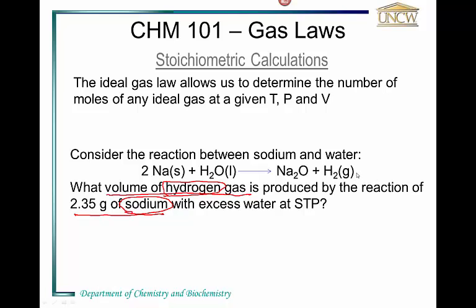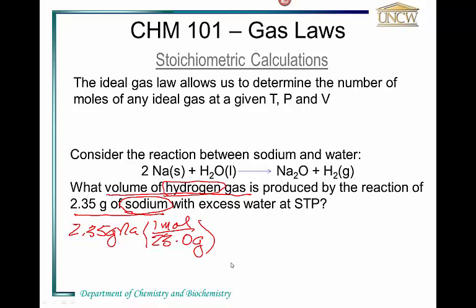That's the key idea. Okay, so what we'll do is proceed as we always have, starting with what we know, 2.35 grams of sodium. Now we're going to need to convert that to moles if we're going to use the balanced equation to relate the moles of sodium to the moles of hydrogen. And it turns out that the molar mass of sodium is 23.0 grams. So again, from the periodic table, I find the molar mass of sodium.